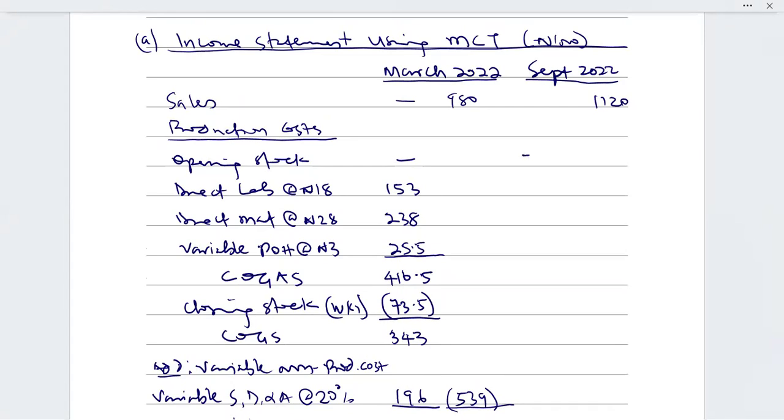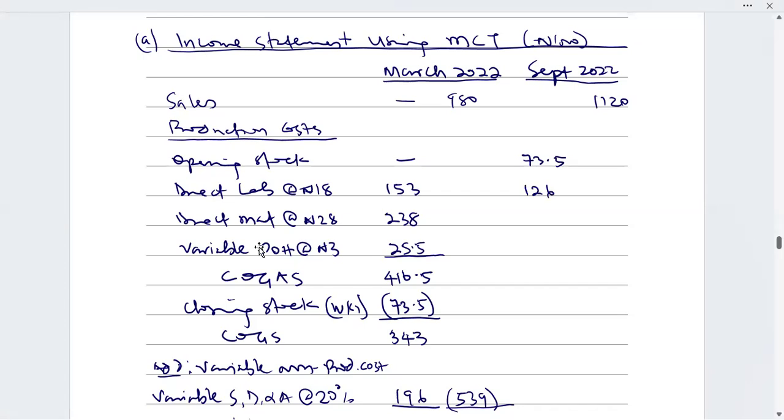Here is 73.5. Direct labor: how many units were produced in September? 7,000 units were produced. So 7,000 multiplied by 18 equals 126. Here is 126.